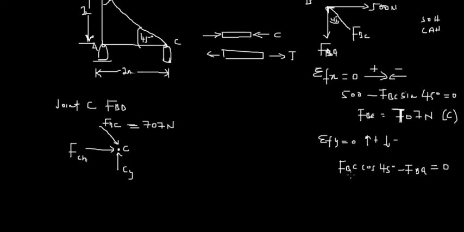When you do the simple calculation, we know FBC is 707, so FBA is equal to 707 cos of 45 degrees, and we end up with a force of 500 newtons.